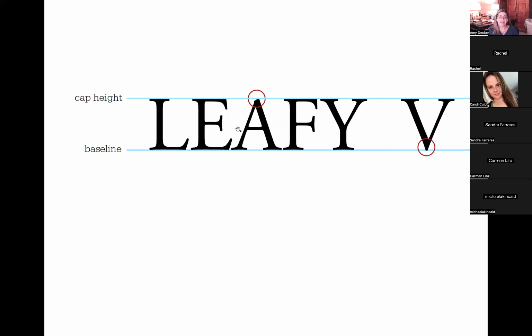The A and the V are two diagonal letters that have these peaks and valleys, if you will. The way to remember them is the peak is the apex and the valley is the vertex. The point created by joining two diagonal stems: apex is above and vertex is below.